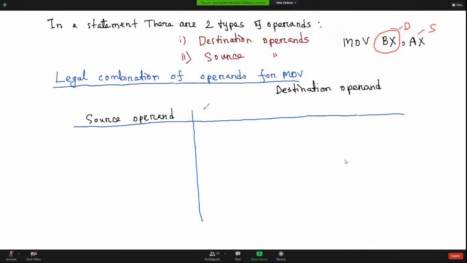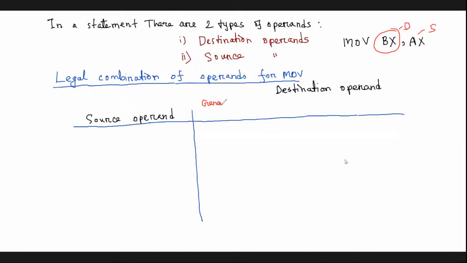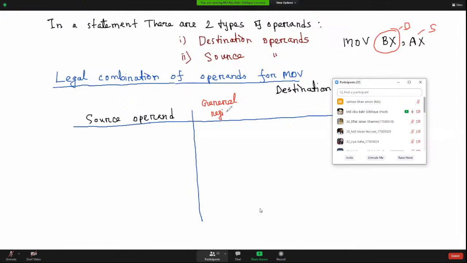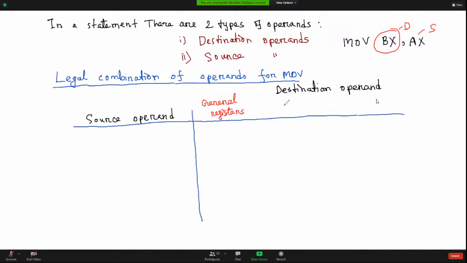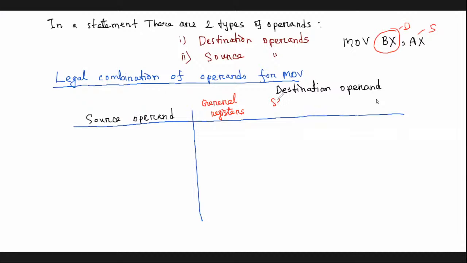So we have general registers, then segment registers, then memory location.